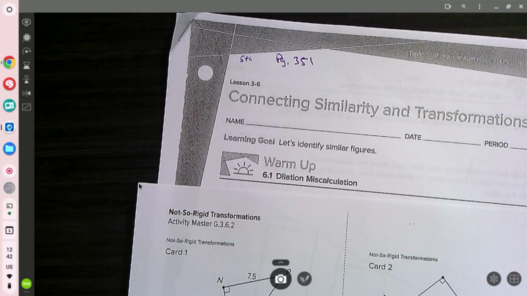Can I have colors? Keegan, you want to help me pass on some stuff?